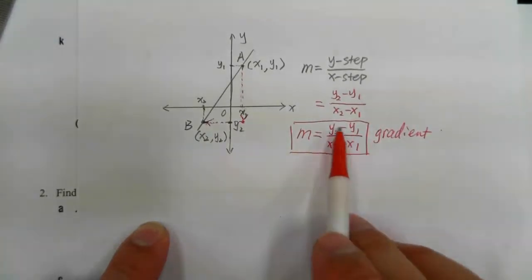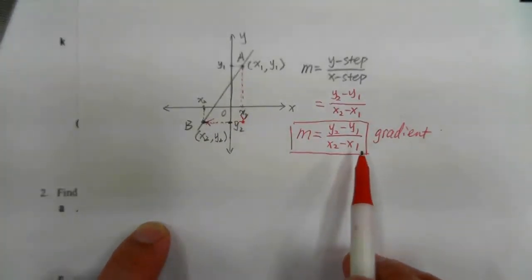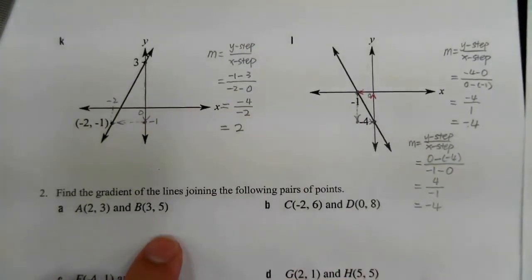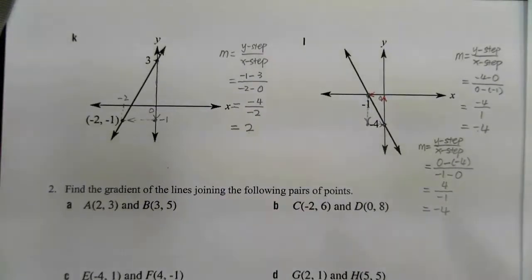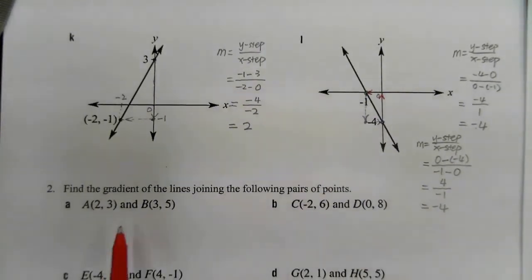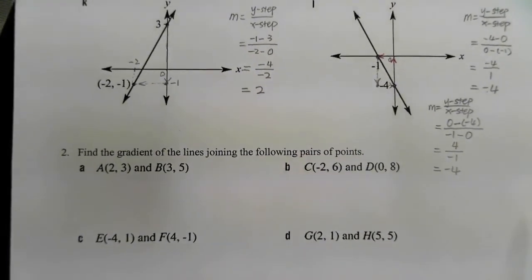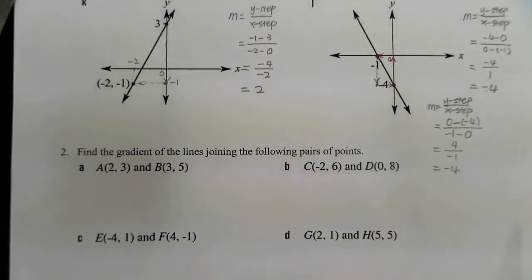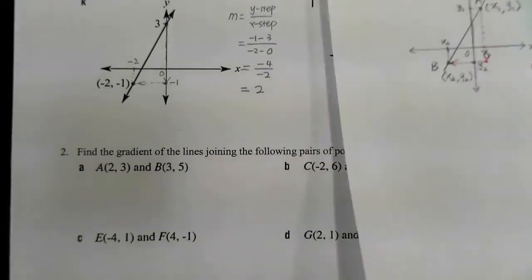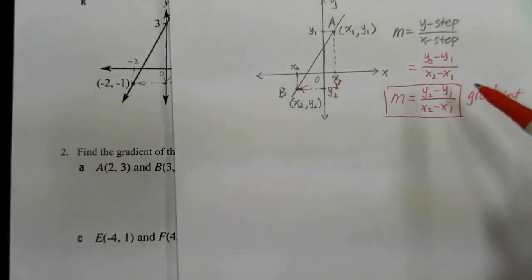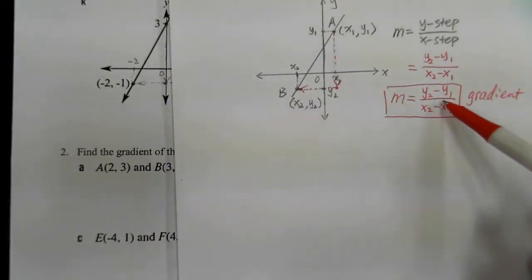Now we can use this formula to solve all questions. It doesn't matter if it is a graph without the grid, or a question with the grid, or like this question. Now I want to use question A and B as examples to show everyone how to use this formula. Also I want to remind you this is not a new formula.